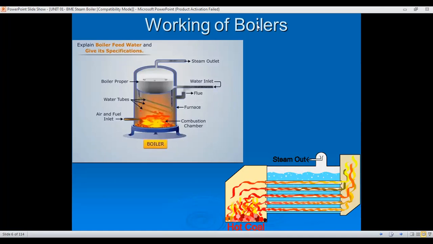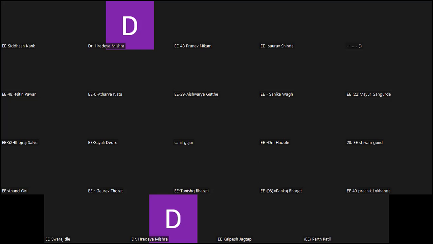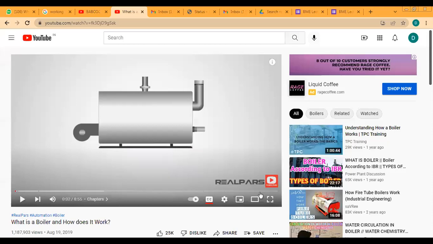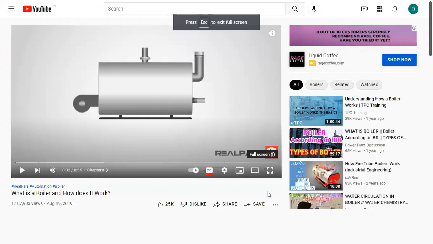Okay, so now I'm going to show you a small video where you can see the proper working of the steam boiler.